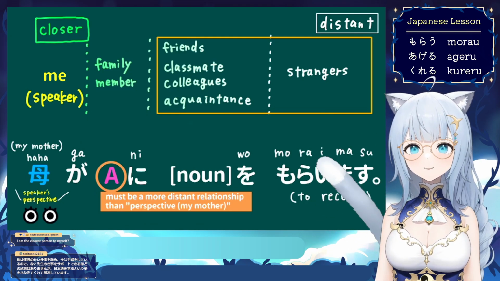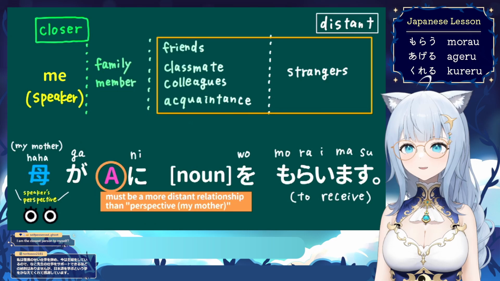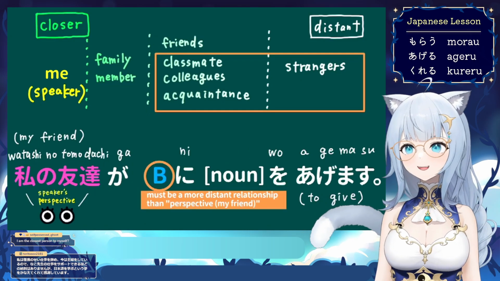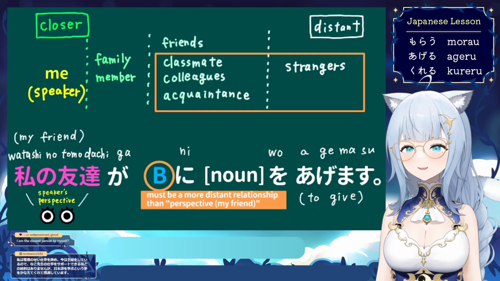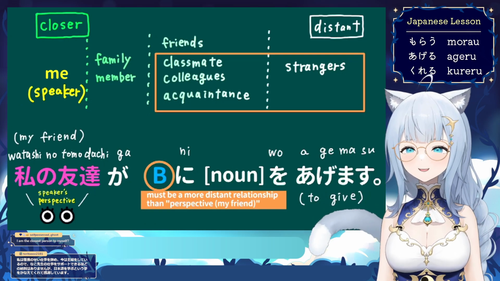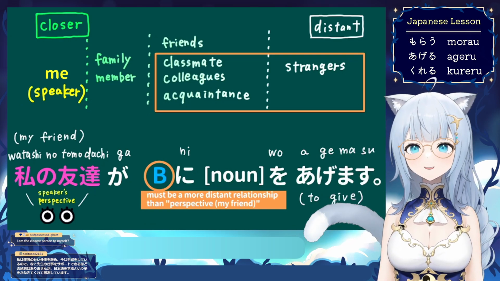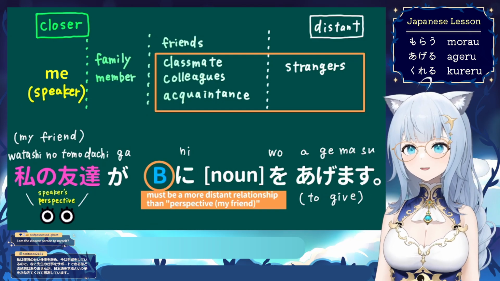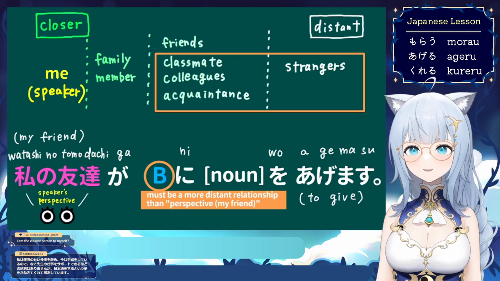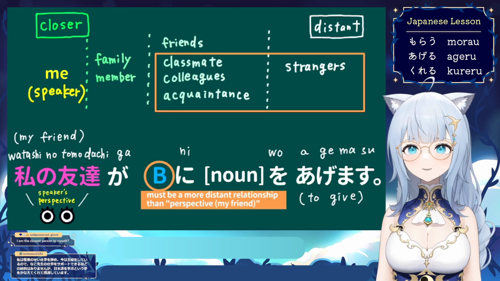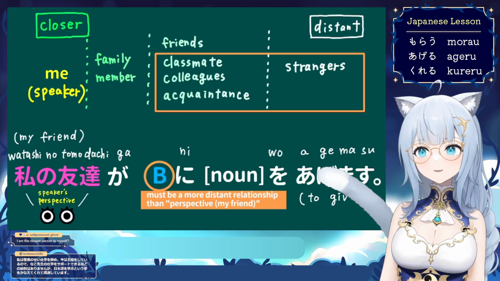Now the あげます sentence. 私の友達が B に noun をあげます。My friend gives something to B. In this あげます sentence, the speaker's perspective is my friend, the giver side.